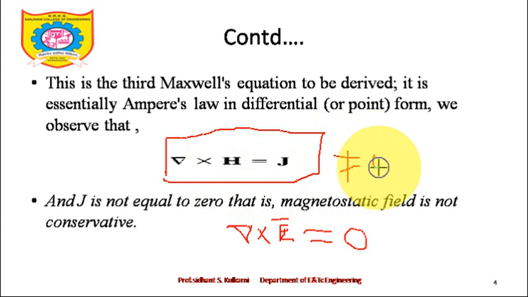If it is not equal to 0, what does it mean? It means that del cross h bar is not equal to 0. It is not irrotational. It has a rotational nature, and j bar is not equal to 0, that is, the magnetostatic field is not conservative. Whatever we have studied from unit 1 and unit 2, combined, we are going to write as certain expressions in Maxwell's equations, and then we'll try to understand them one by one.